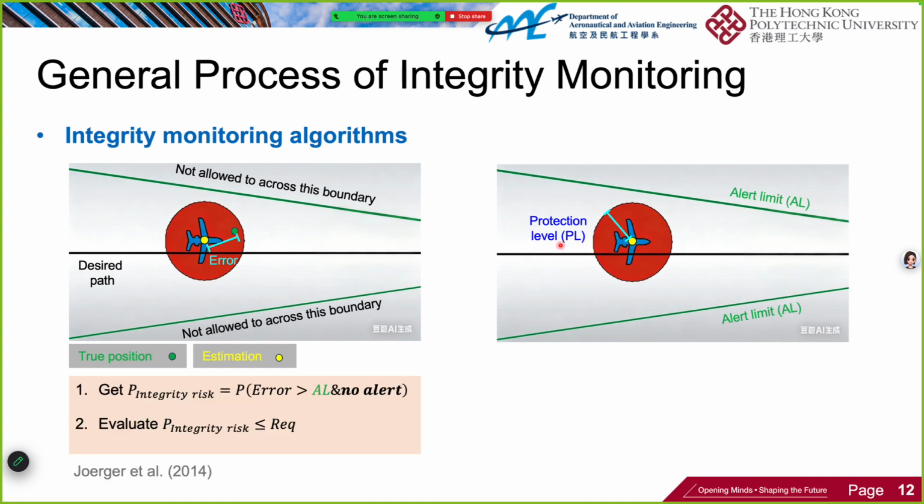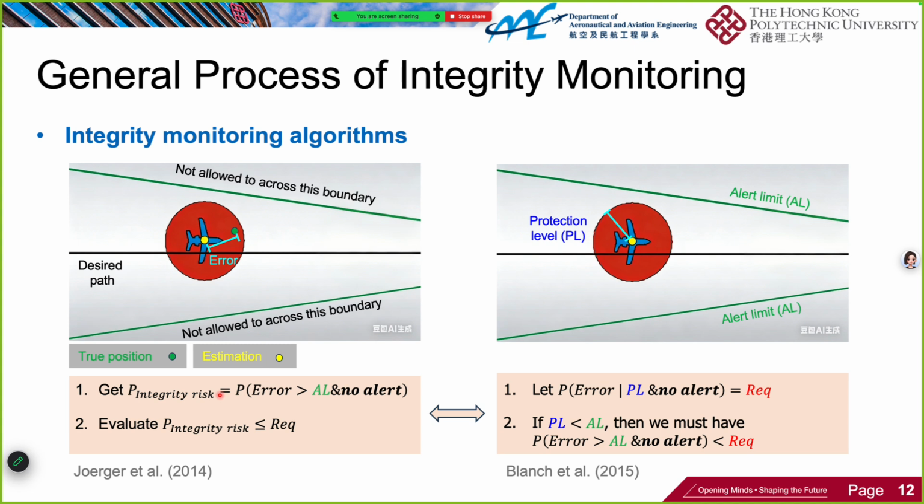One way to do the integrity monitoring is to calculate the integrity risk directly. This is the probability that the position error is larger than the alert limit, while no alert is raised. We then evaluate whether this value is smaller than the integrity requirement. And here is an alternative way. We replace the limit with the protection level in this equation and force the inequality to be an equality.